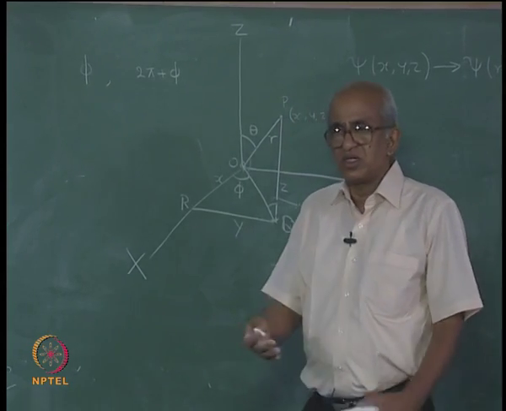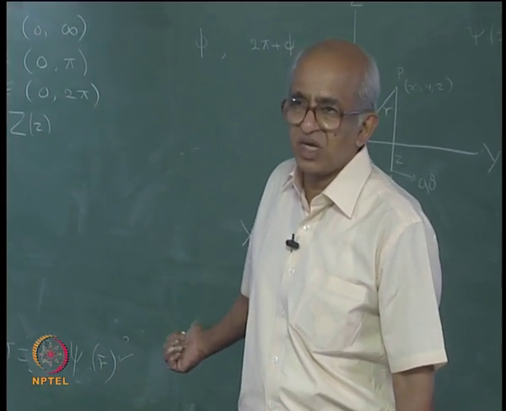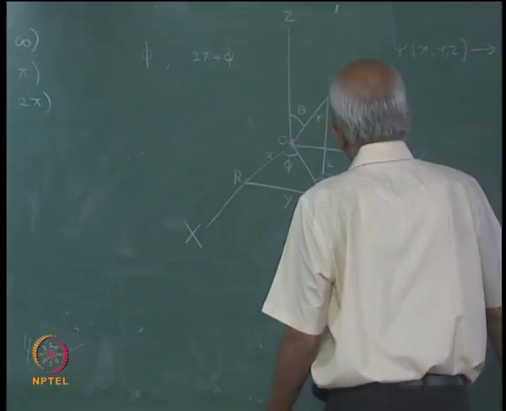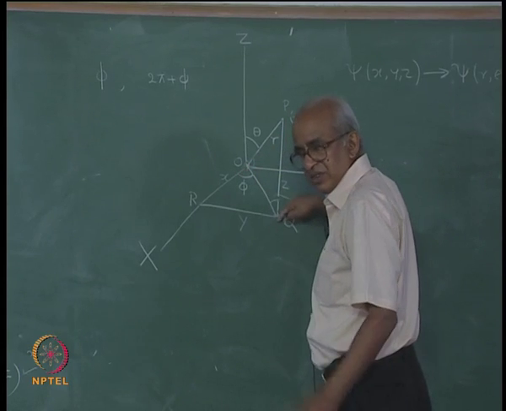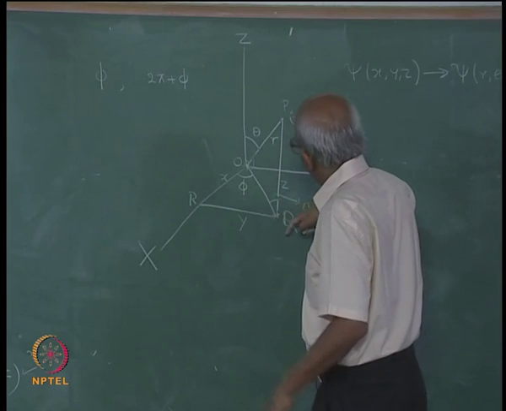Why? Because you see the 3-dimensional things I am trying to represent on a blackboard which is 2-dimensional. So, therefore, what I am saying is that this actually is a right angle triangle in 3 dimensions, right.